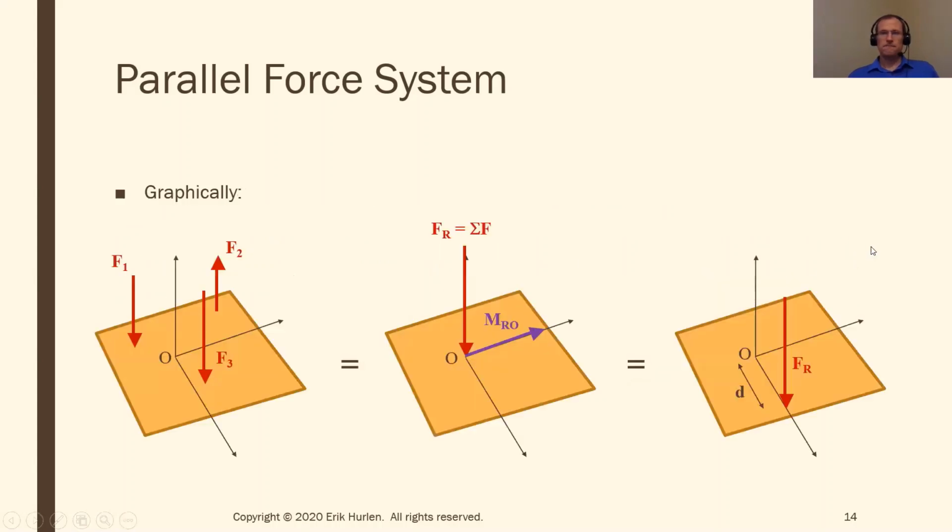So again, pictorially, I have these forces. I drew them all going up and down, just as long as they're in the same direction, that's all that really matters, acting on this object. I drew these axes in here. These are kind of arbitrary axes. That's why I didn't label them X, Y, or Z. All I really wanted is that one axis, in this case the vertical axis, is in the same direction as my forces.